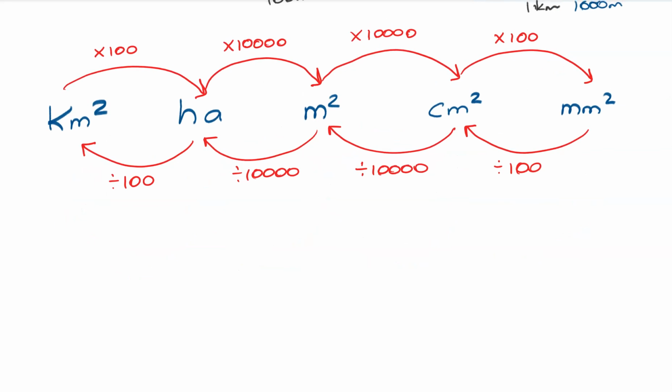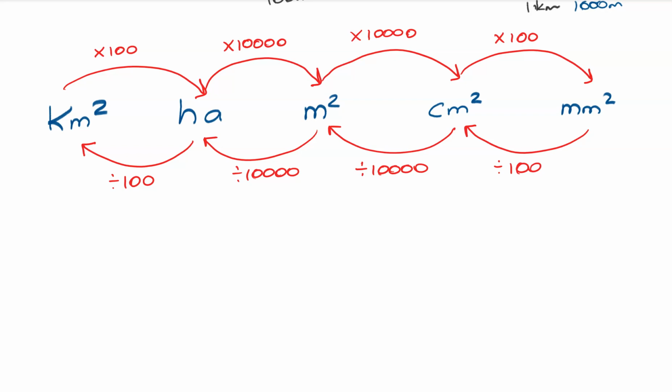So here's a little diagram for you guys to look into. From kilometers squared to hectares, you multiply by 100. If you want to go back from hectares to kilometers squared, it's divide by 100. From hectares to meters squared, we multiply by 10,000, and if we go back the other way, it's divide by 10,000. From meters squared to centimeters squared, we multiply by 10,000. If we're going back the other way, we divide by 10,000.